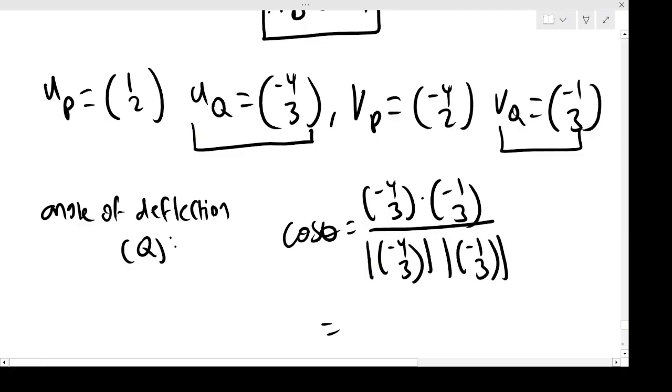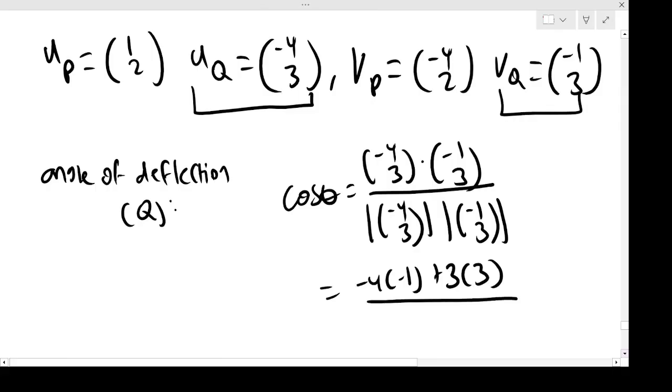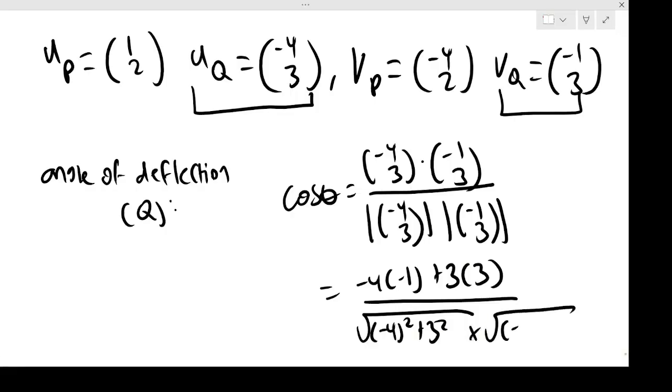So simplifying this, we're going to get minus 4 lots of minus 1, add 3 lots of 3, all over the root of minus 4 squared add 3 squared, times by the root of minus 1 squared add 3 squared.